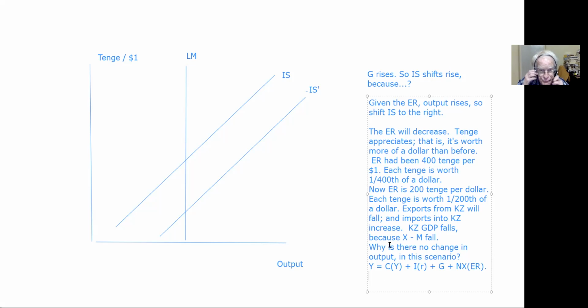But yes, government spending rises and net exports fall until we have, in the new equilibrium, no change in output. That's the fascinating part of the story. Despite the stimulus to the economy through government spending, there is in fact no change in GDP in the new equilibrium.